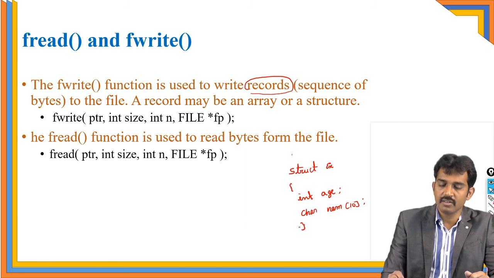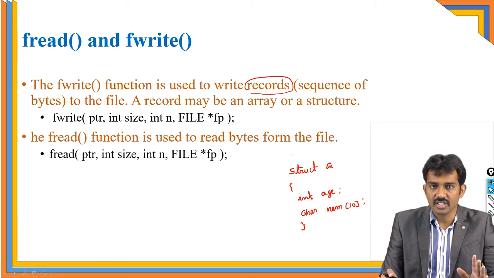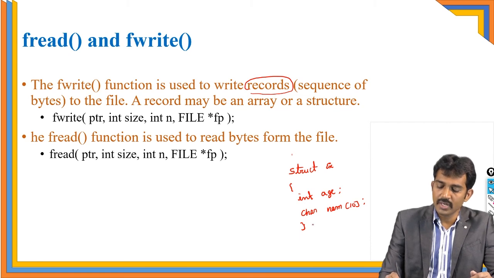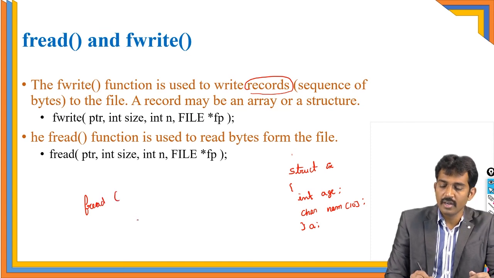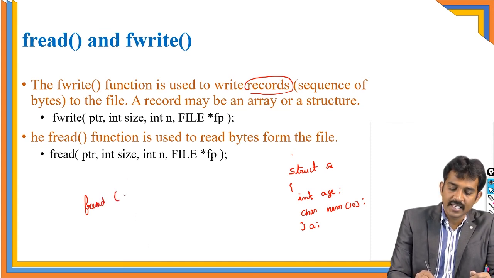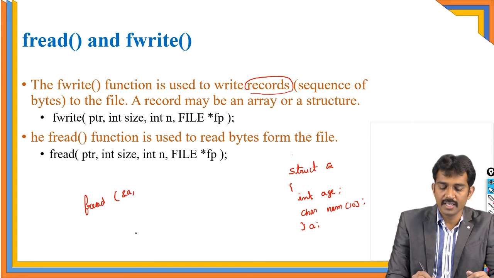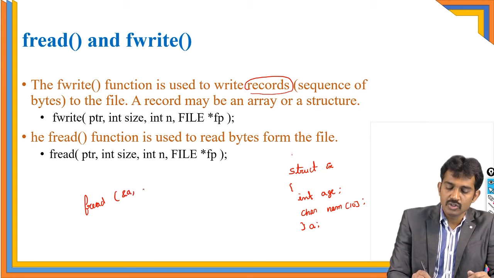For example, this is your structure. If you want to write this structure into the file, suppose A is a structure variable. Then you just use this here. See, fread of, for example, if you want to read or write, fread of ampersand A, the address, you should take ampersand A, then the size of that.